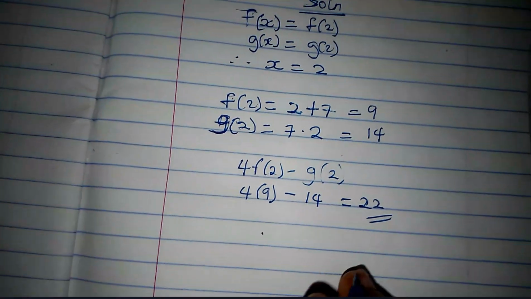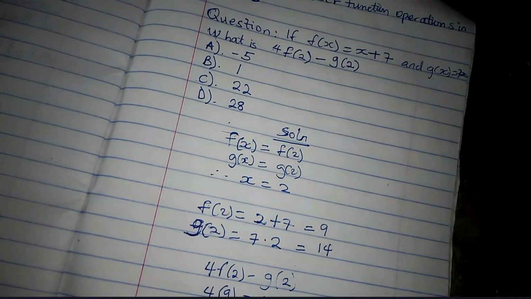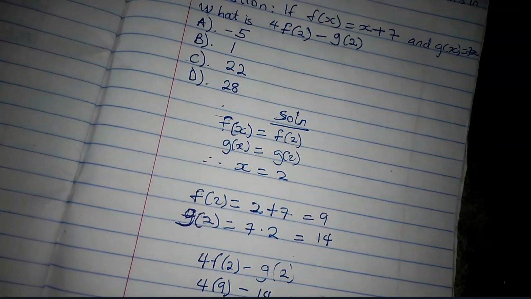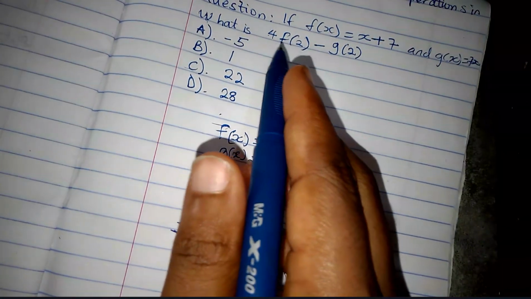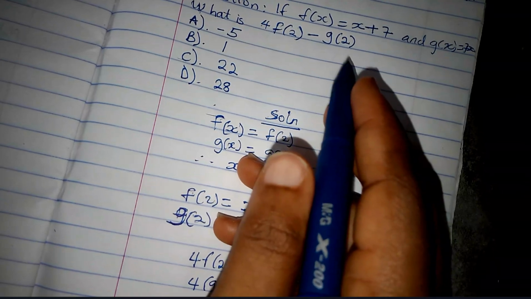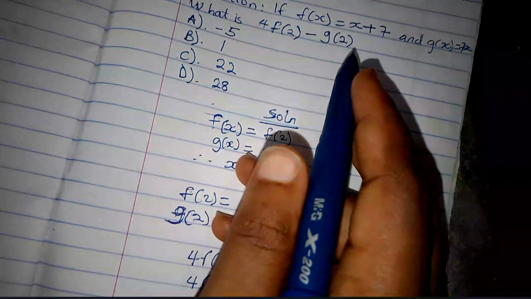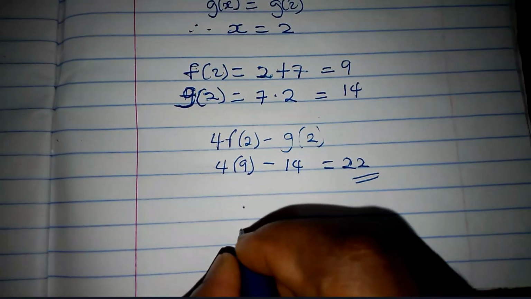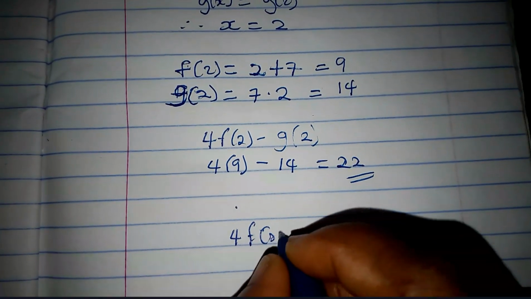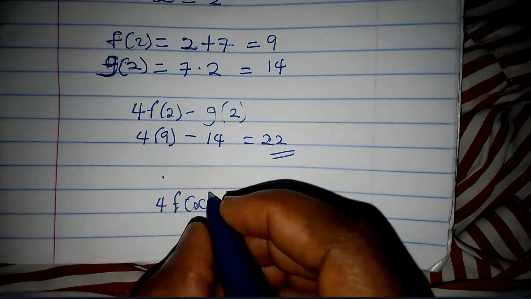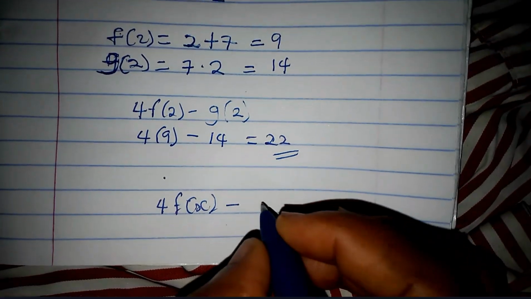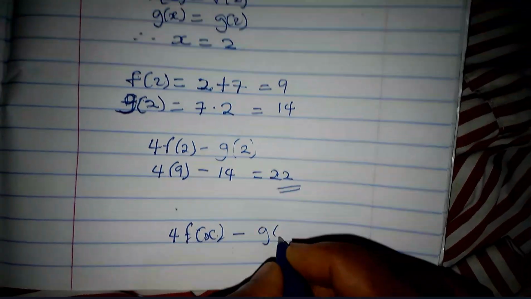Now let's change the scenario, because I want to give us a bonus tip. Instead of 4f(2) minus g(2), let's use f(x). They tell us to find 4f(x) minus g(x), right?